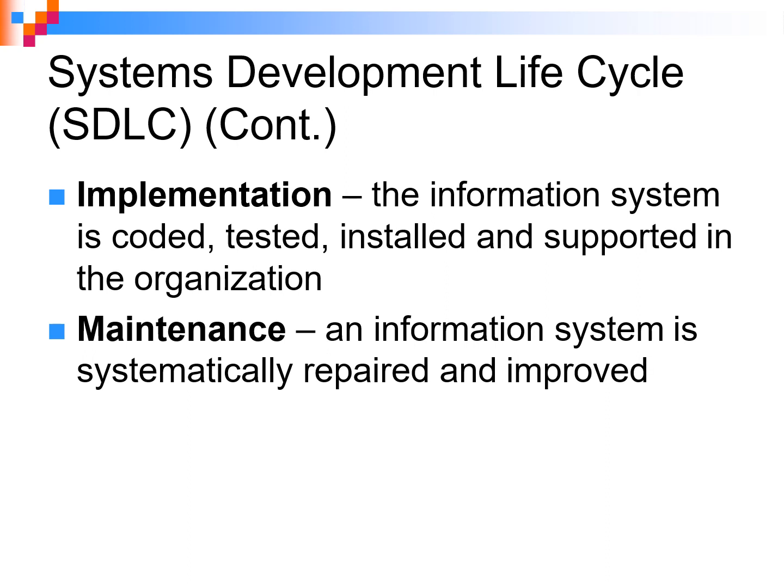So that is the implementation. And then the last phase is the maintenance. An information system is systematically repaired and improved. So kapag nakagawa na ng system, hindi din siya natatapos ng ganun lang. May maintenance yan. Meron pa ring repair, may kailangan pa ring i-repair or i-improve.